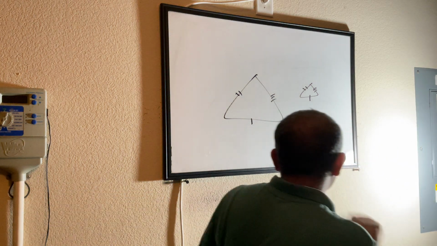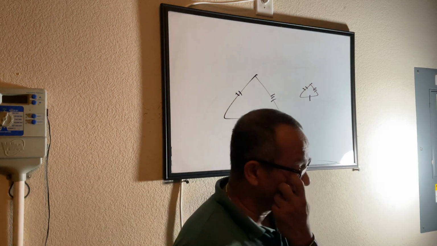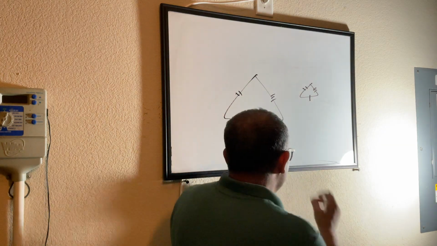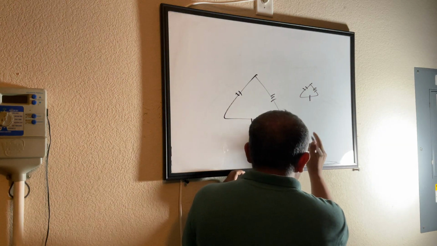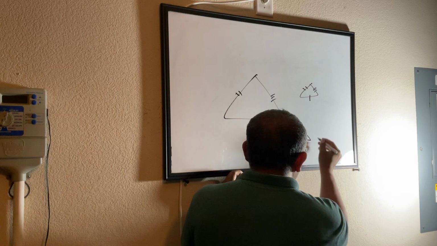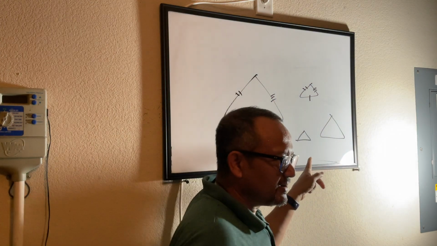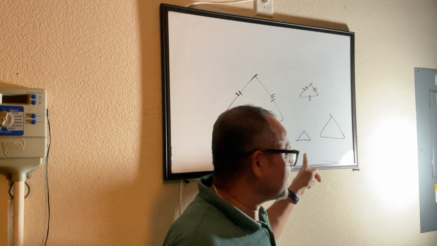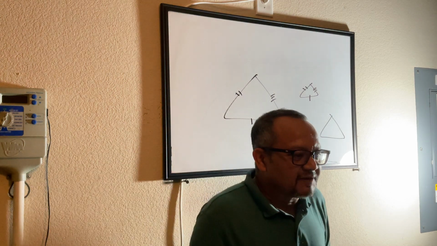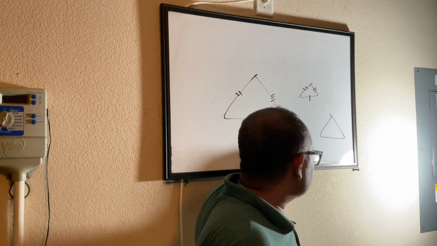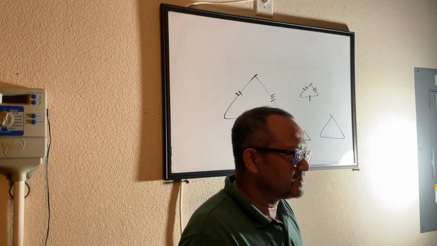So let's say I have a triangle on my phone, okay? A picture of the triangle on the phone. When I zoom in, you will see it becoming bigger. When I zoom in further, it becomes bigger. If you want to relate that with mathematical concepts, this is the concept of similarity.